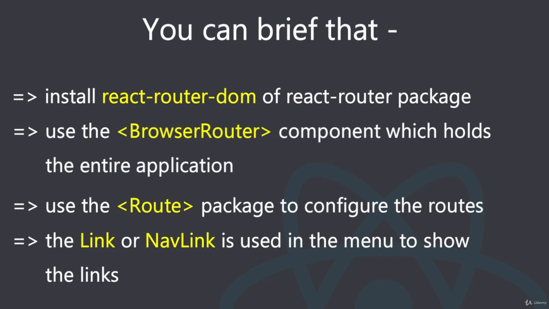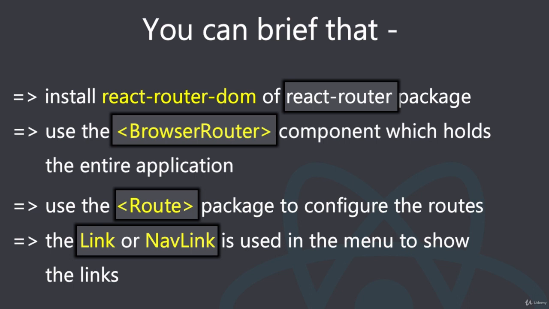We have not yet seen NavLink and even Link in detail, but this is how you can answer this question. There is a lot, and once you are done with this entire section, this answer can be fine-tuned further, but do mention React Router, the router package, BrowserRouter, Link and NavLink. All these things make a general answer to the single page application question.